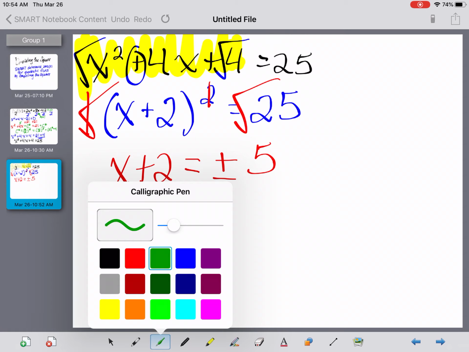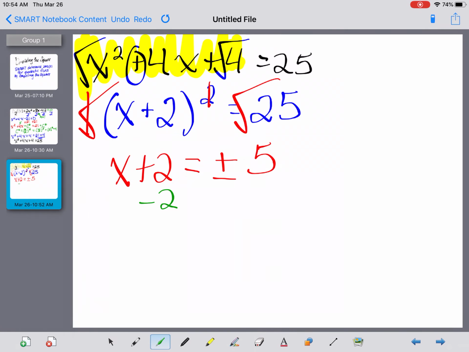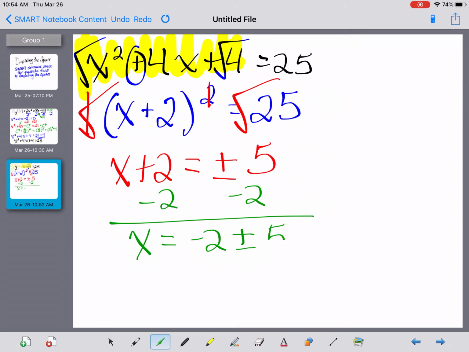Okay, so I'm now going to subtract 2 to get x by itself. And now I get x equals -2 plus or minus 5. Make sure that plus or minus stays with the 5. You don't want to move that plus or minus on the 2. You don't want to forget that the 2 is negative and not positive, even though it was positive over here.